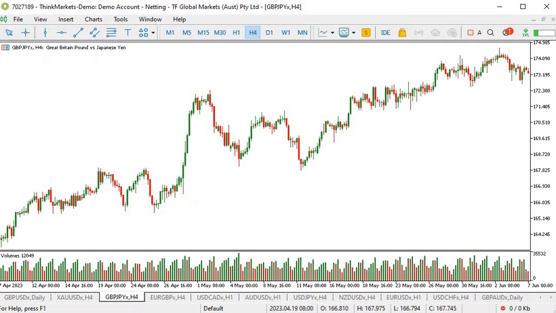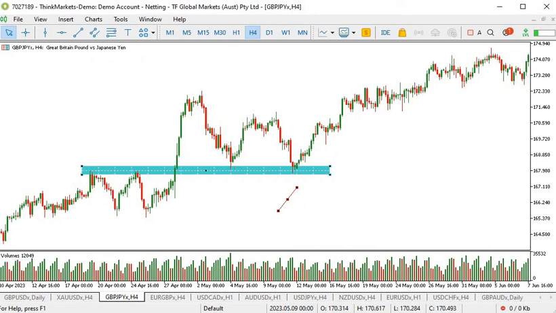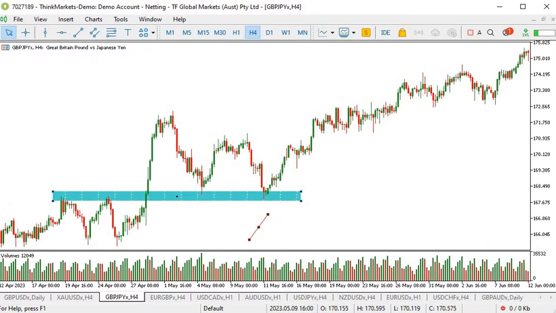We are about to find the answer to our second question. Let's say we were about to enter at this area. So we should have asked ourselves the direction, which is obviously upward. We should have asked ourselves where we should enter the market.